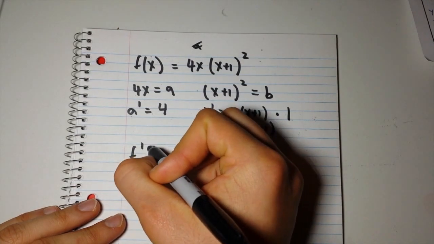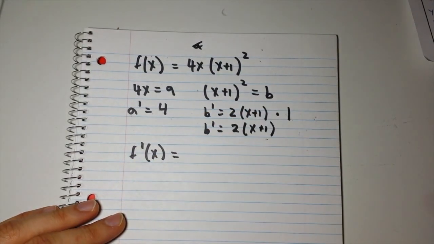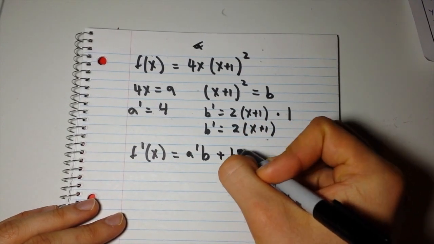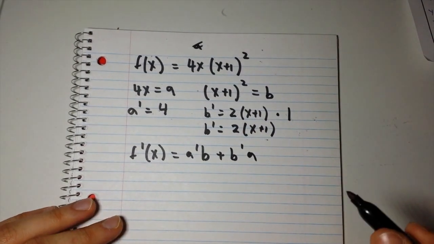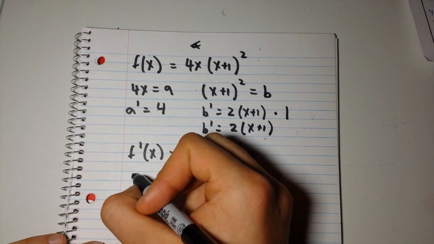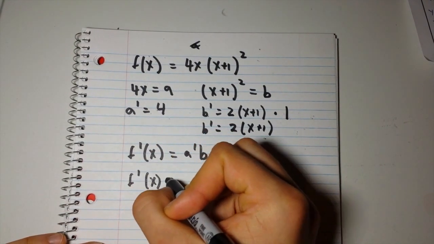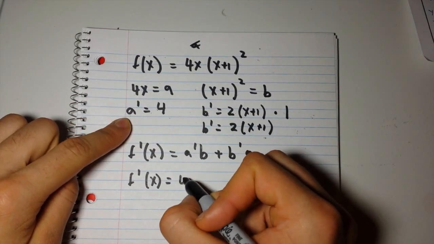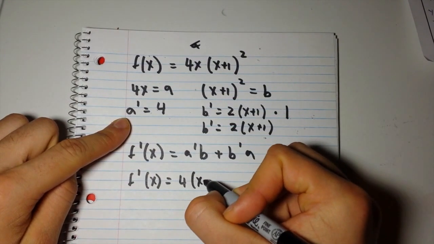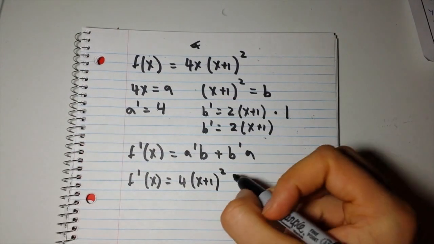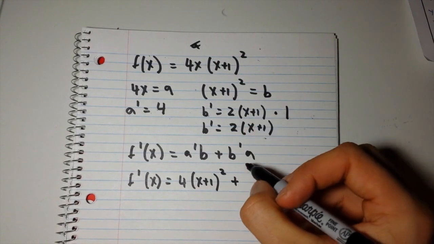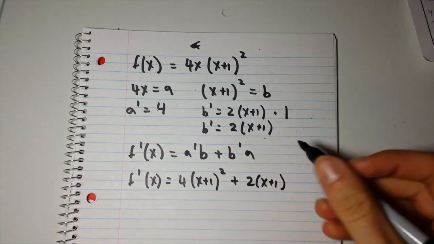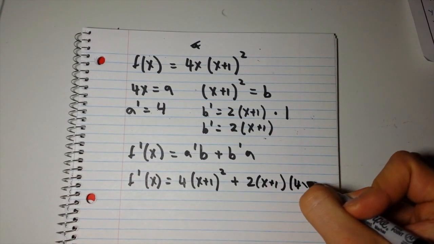So for our f prime of x, we know that it looks like a prime b plus b prime a. So now it's easy enough for us to plug it in and say f prime of x is equal to a prime, 4, times b, x plus 1 squared, plus b prime, which will be 2 times x plus 1, times a, 4x.